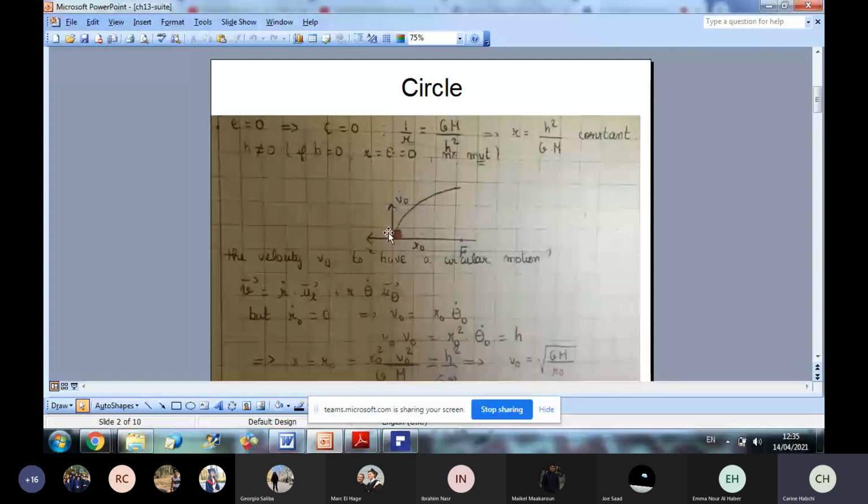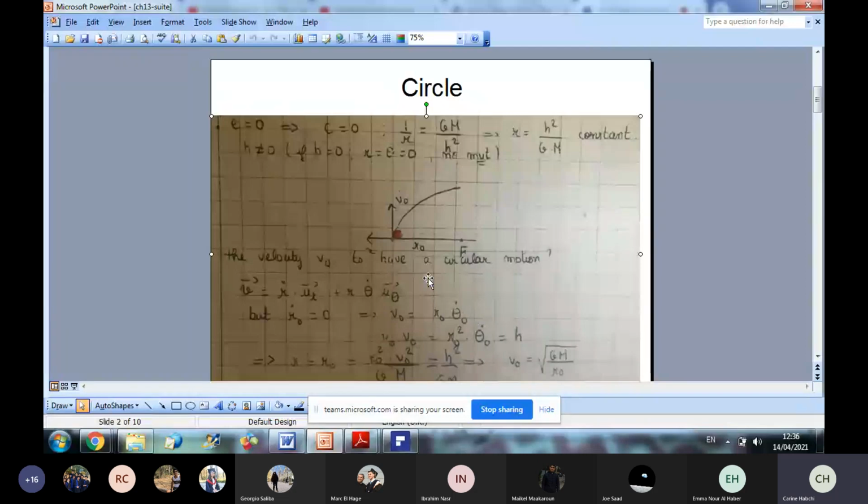And you know that in general, in cylindrical coordinates, we define v in two components, v_r and v theta. v_r is r dot, and v theta is r theta dot. Since r is constant here, r dot will be 0, and therefore at this point the velocity will be restricted to r theta dot. Okay.